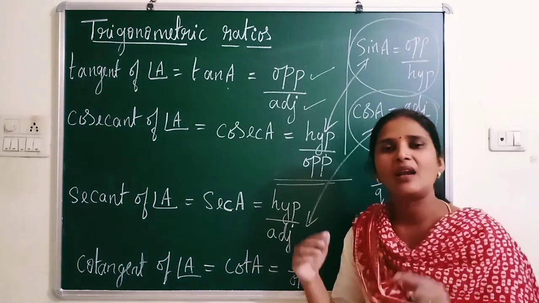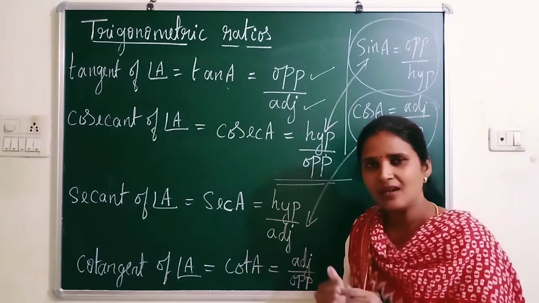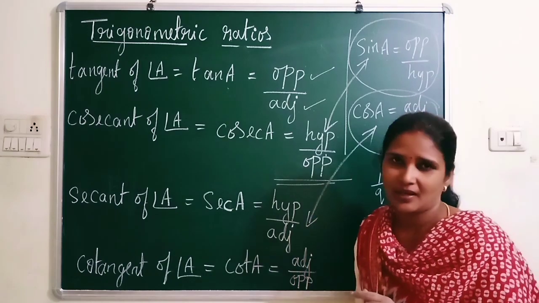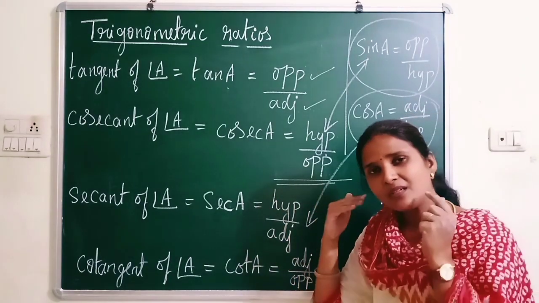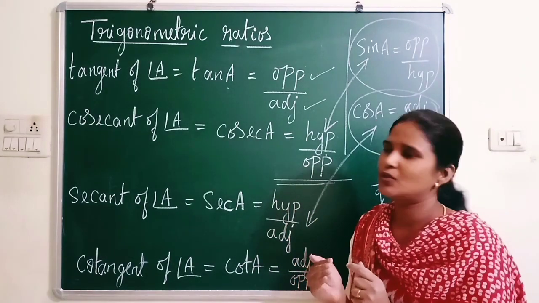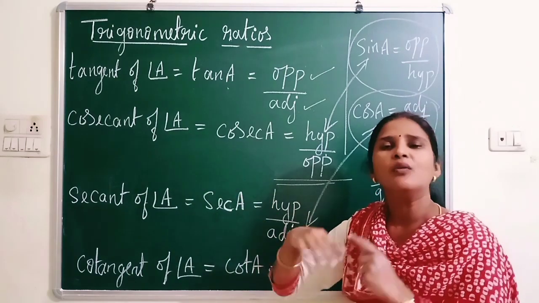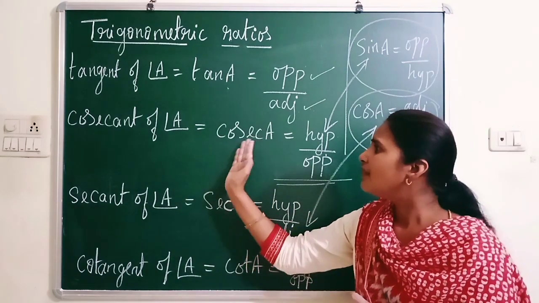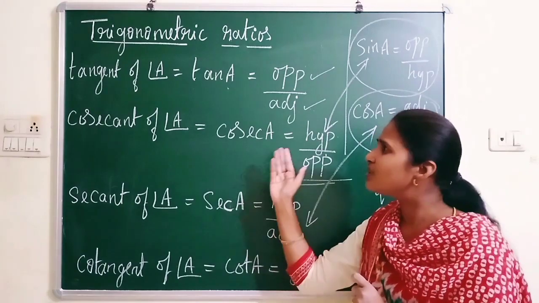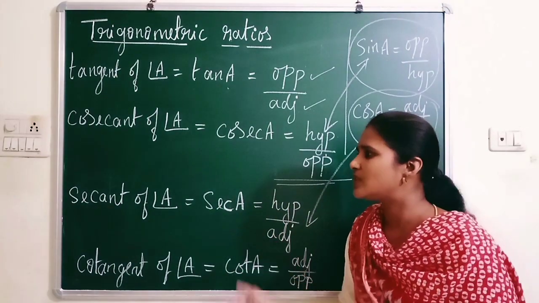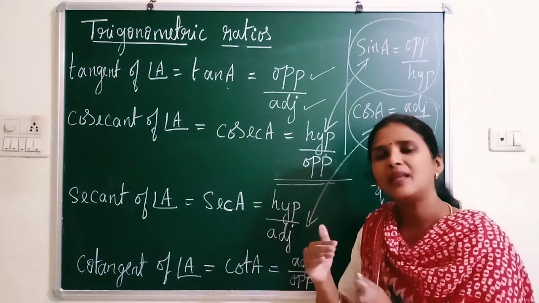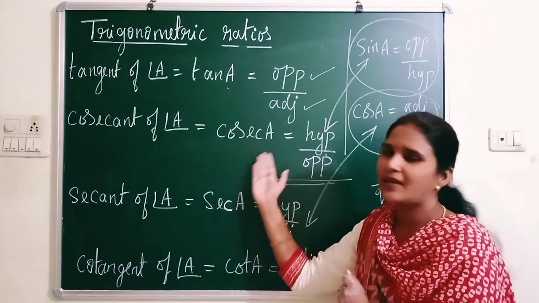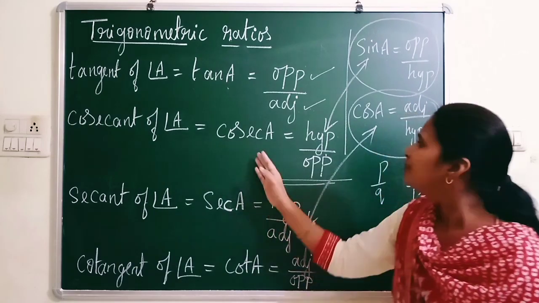So these two are linked to each other: sine and cosec. Just remember the short abbreviations only. We never call them tangent, cosecant, secant, cotangent. We call them by abbreviations only, like cosec.